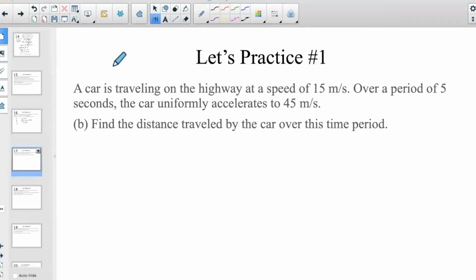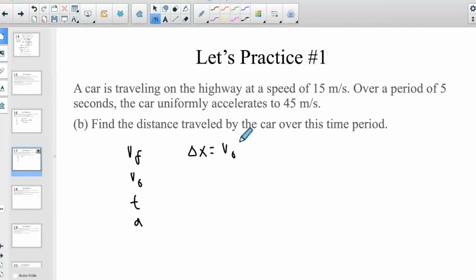In part B, we want to find the distance traveled by the car over this time period. So once again, let's write down the quantities that we know. We know the final velocity, the initial velocity, the time, and from our last part, we calculated the acceleration. Since we know 4 quantities, we can technically use one of 2 equations.